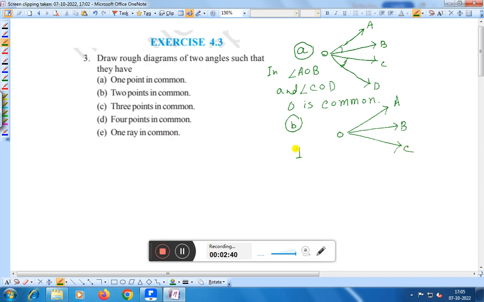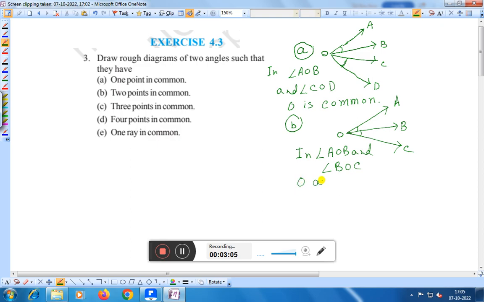In angle AOB and angle BOC, there are 2 points in common. That is, O point is common and B point is also common. O and B are common points.